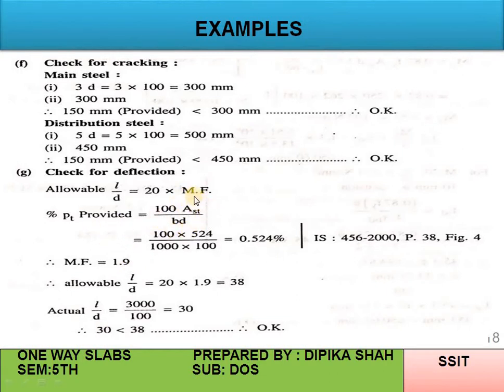AST we have provided, we will take. Here we have provided 524 mm square area of steel in the main steel. So our provided percentage of steel is 0.524 percent, right? So for 0.524 percent, our MF is 1.9.